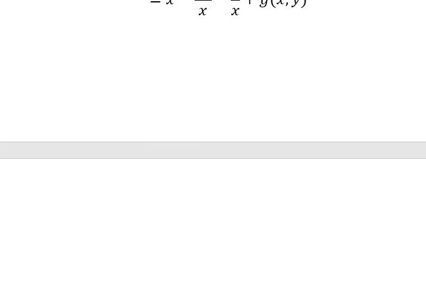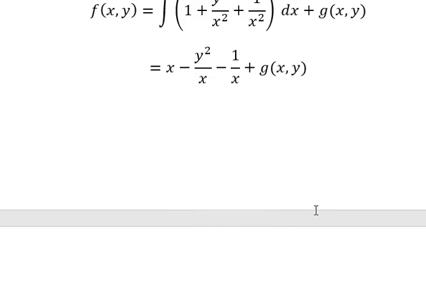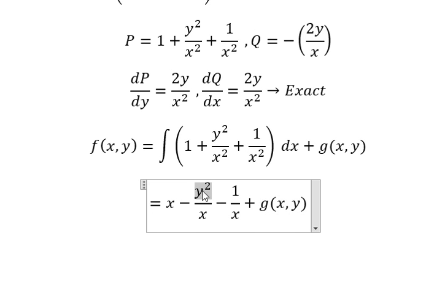Later, we need to do first derivative of f with respect to y for both sides. So this one we have y squared, so you got 2y. This one we don't have y. Similar for this one, so you got 0.